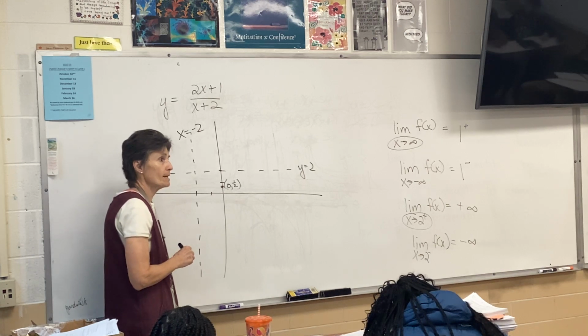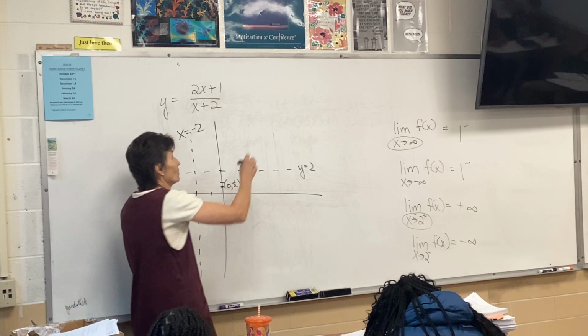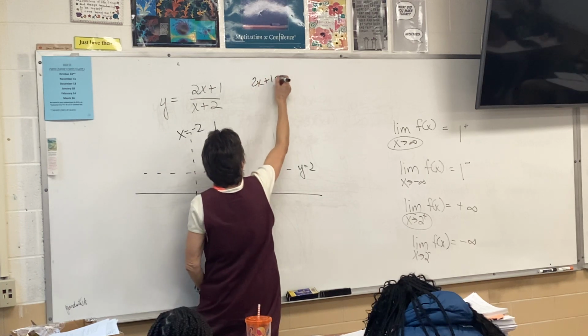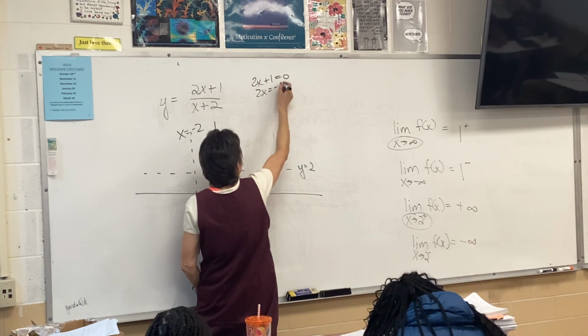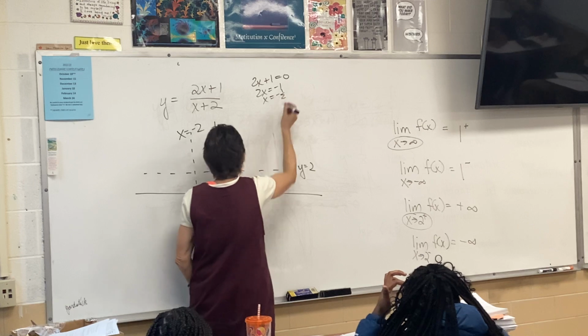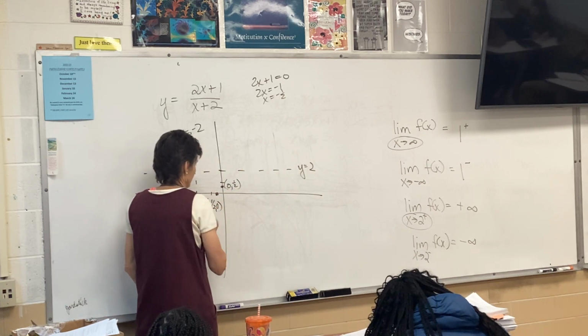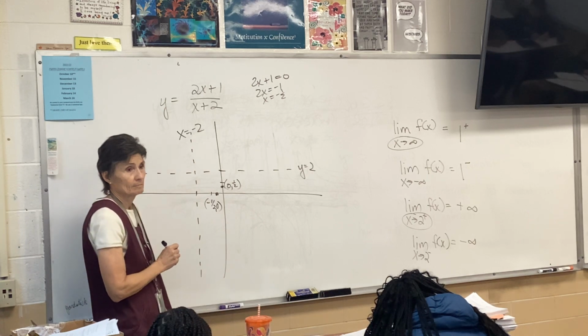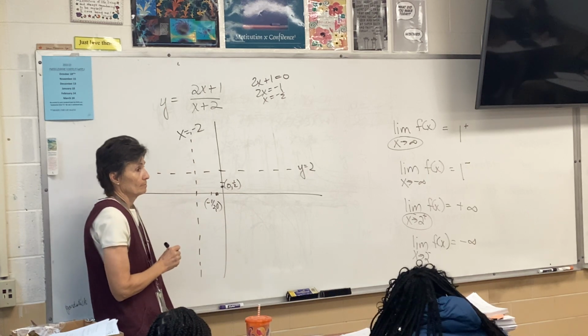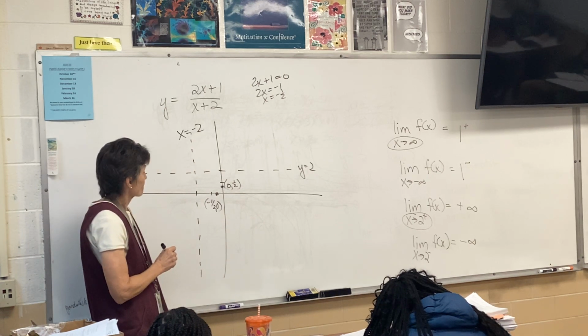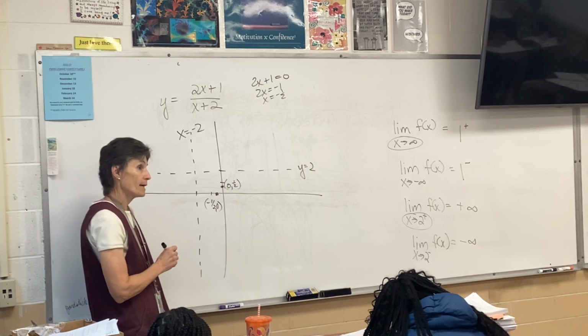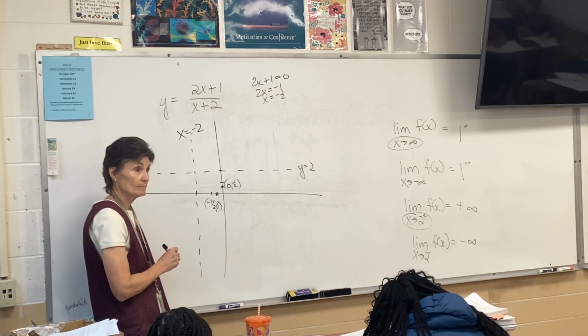Where's my x-intercept? What makes the numerator equal 0? Wouldn't it be -1/2? Got an idea about this one, what it looks like?